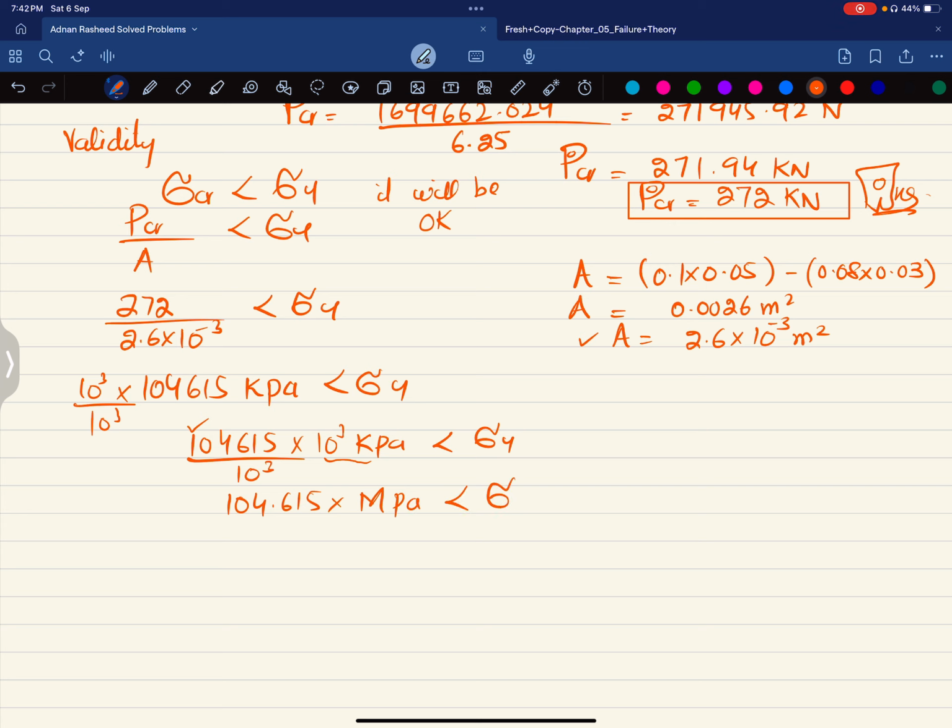So it means that 104.615 megapascal should be less than yield stress.